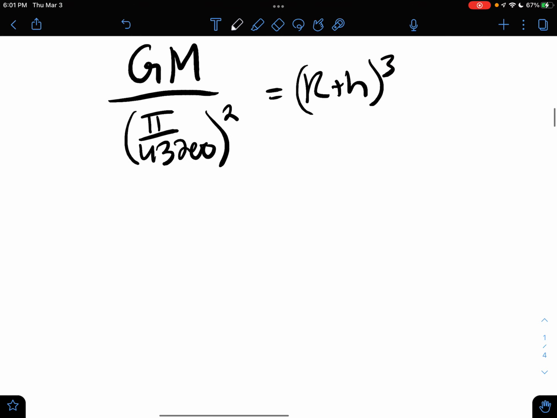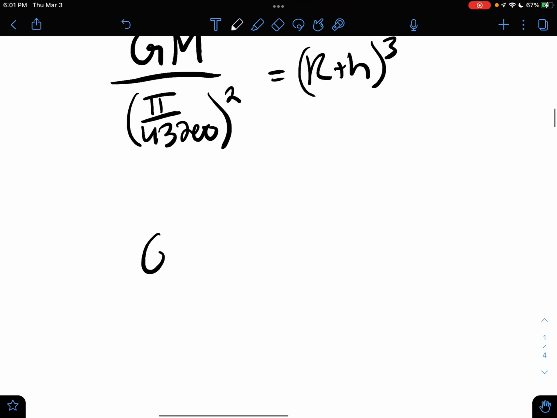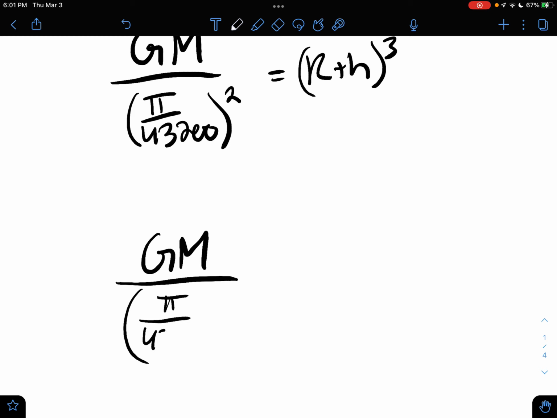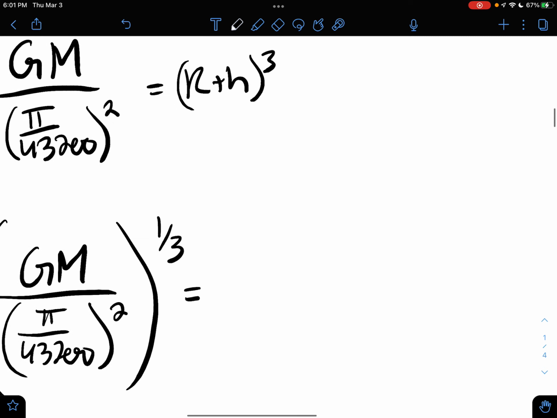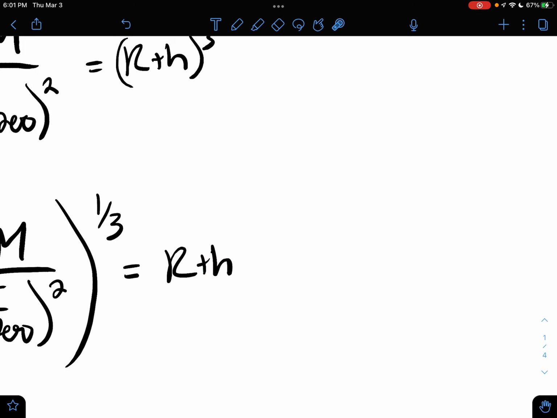Now we raise both sides to the 1/3, or take the cube root, whatever you prefer. They're the same thing. (GM over (pi over 43200) squared) all raised to the 1/3 equals r plus h.